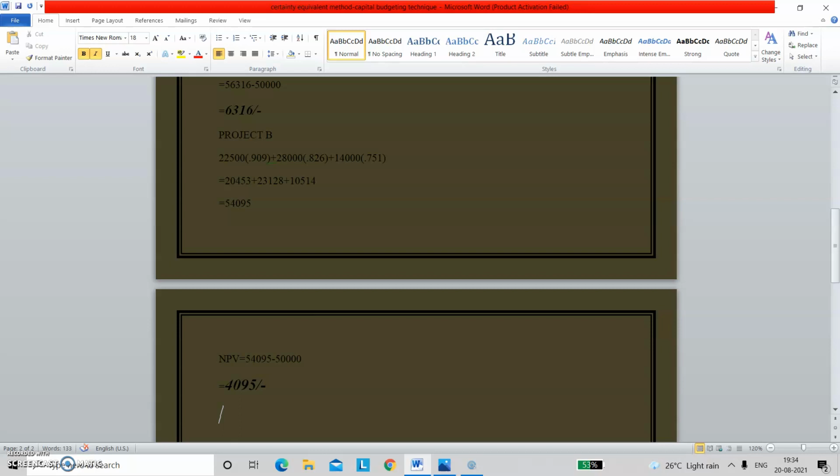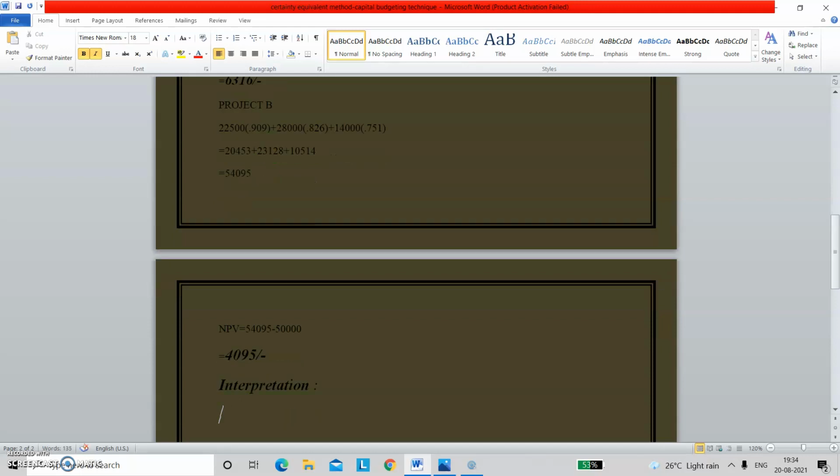So the company is going to invest its funds in project A. So the interpretation will be: as the company is getting more NPV in project A as compared to project B, the company will opt for project A, right?